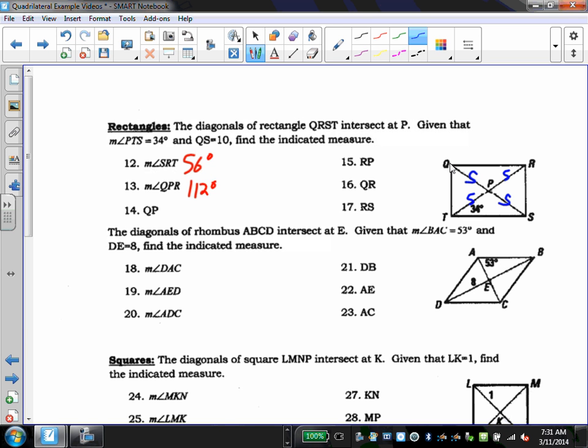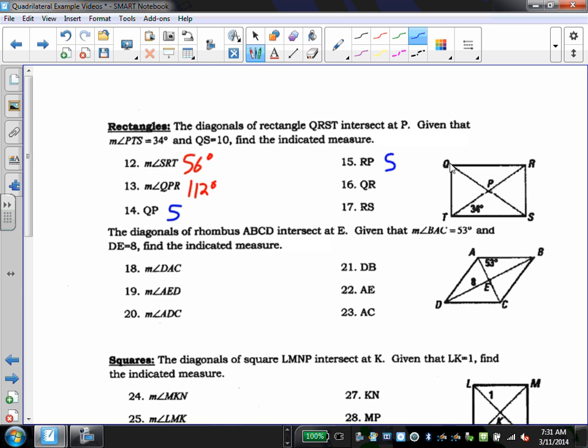So, knowing that, we can easily see that QP has a length of 5. And we can see that RP also has a length of 5. Now, when it comes to finding QR and RS, this is where things are going to get a little crazy. We got to think a little back for this one.